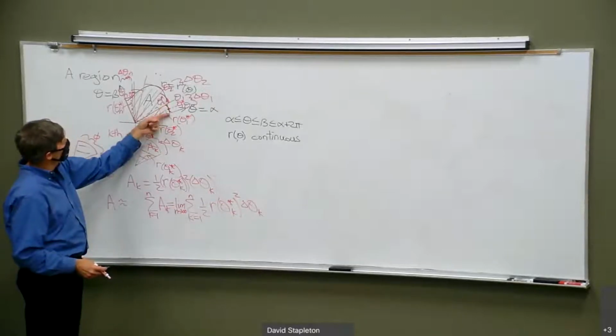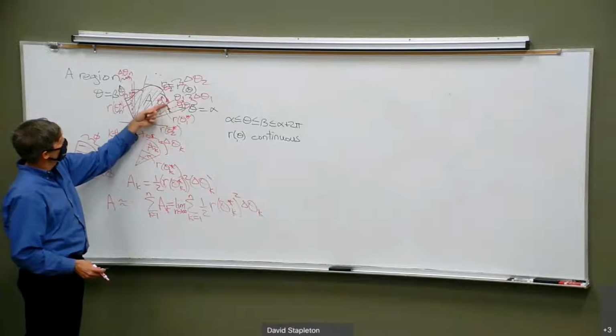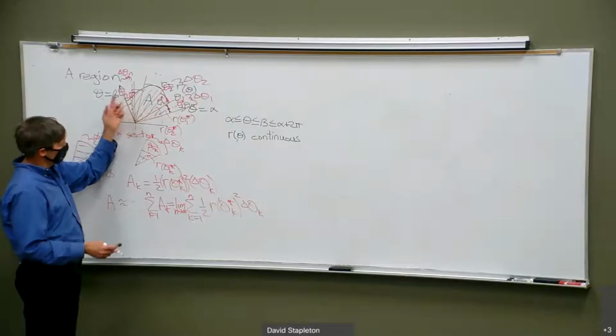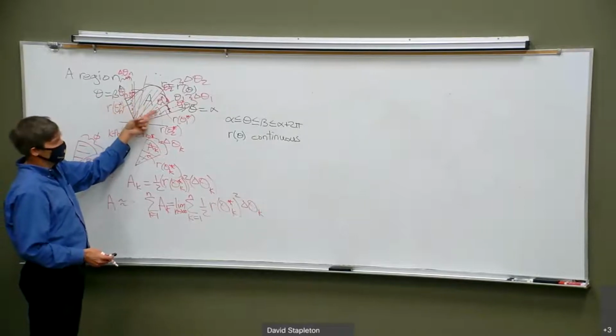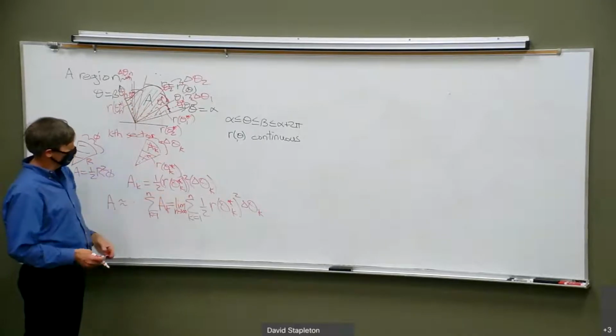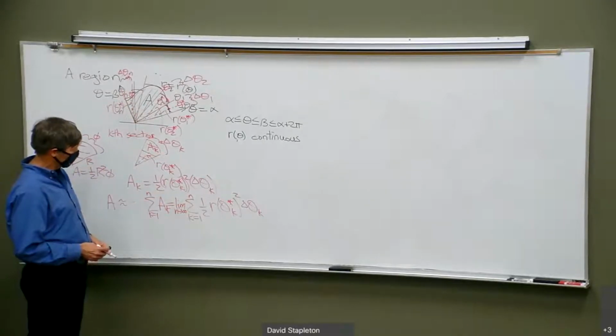Any point in each interval, in interval 1, theta 1 star can be any angle, and in interval 2, theta 2 star can be any angle. And you can break up the partition any way you like. You use equally spaced angles, or in each angle double the next one, or whatever. Just so the width of the widest one goes to 0, the number of them goes to infinity.